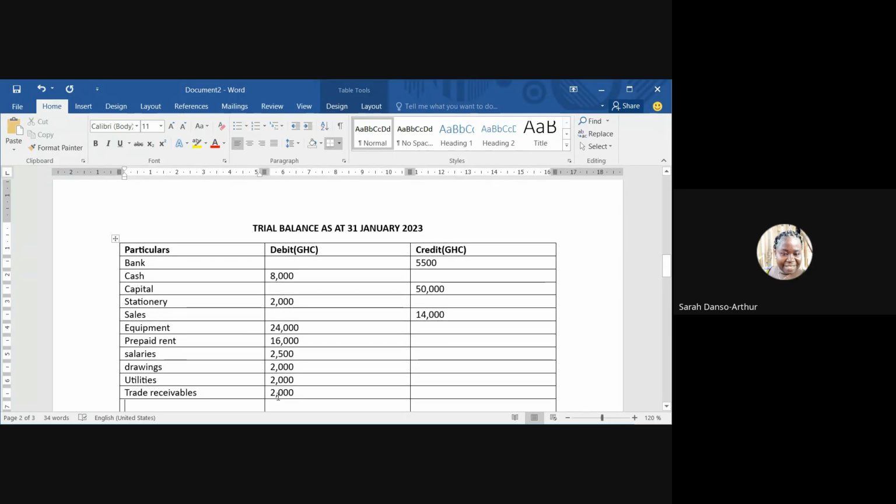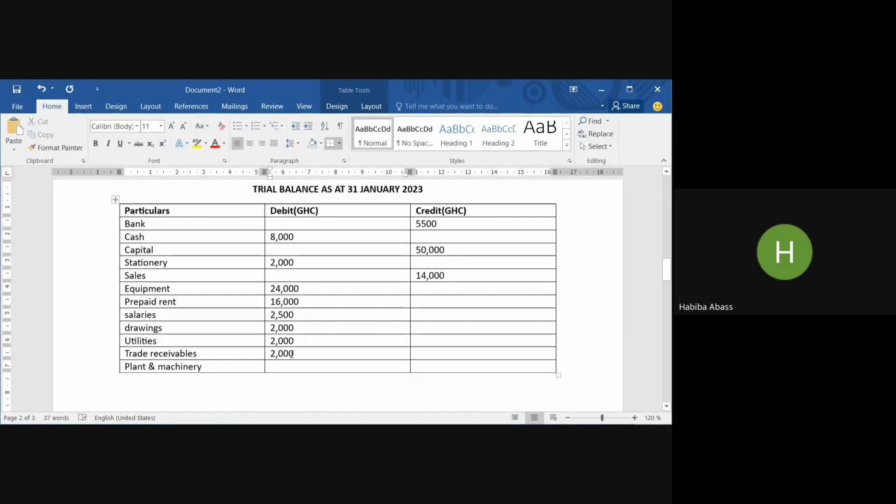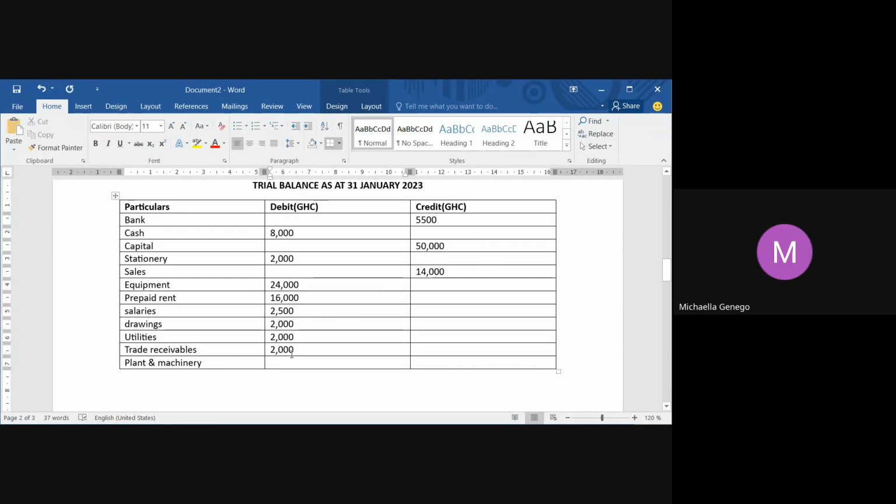Plant and machinery. Debit or credit? Debit. How much? 20,000.